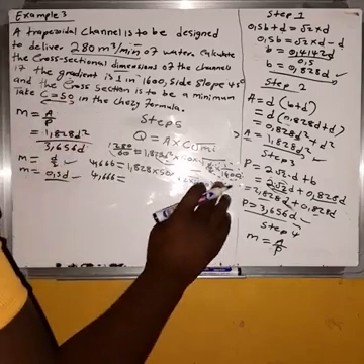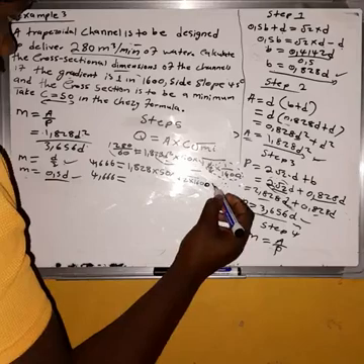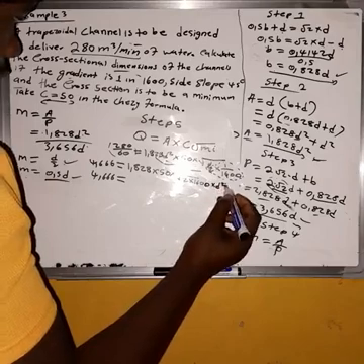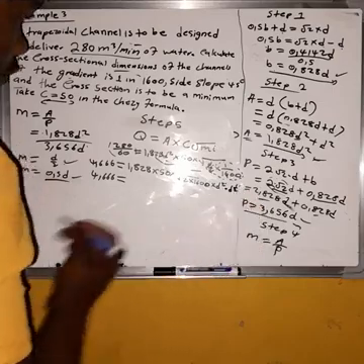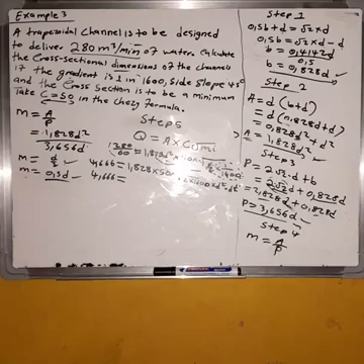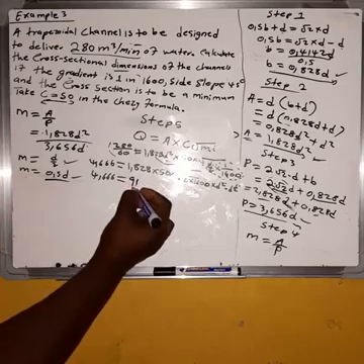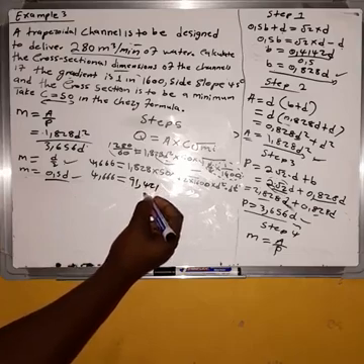Remember here, you multiply D squared by D to the 1 over 2. When you multiply them, you will get 51,421.